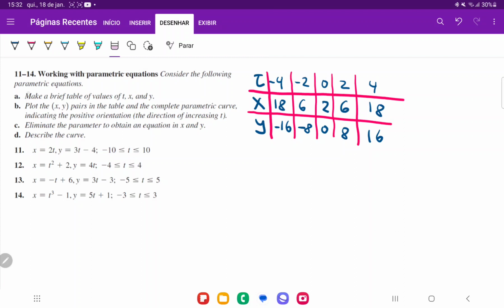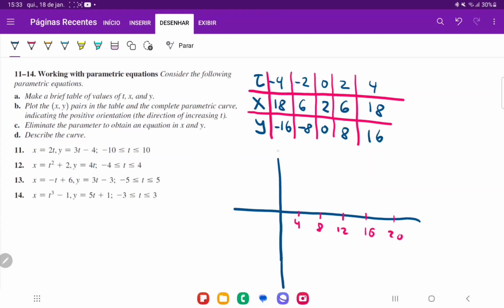So for item B, they want us to plot the xy pairs in the table here that we've made and draw the parametric curve indicating the direction. So let's plot that in. And I'm going to scale it by 4 here. So 4, 8, 12, 16, and 20.